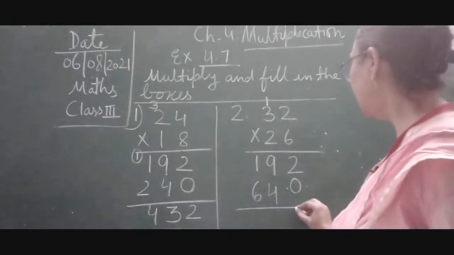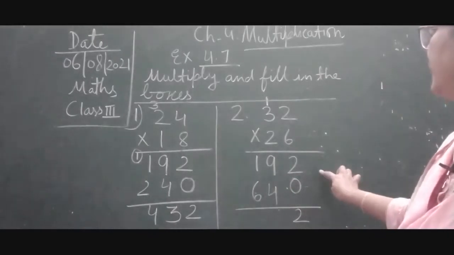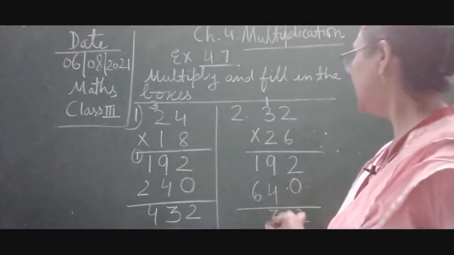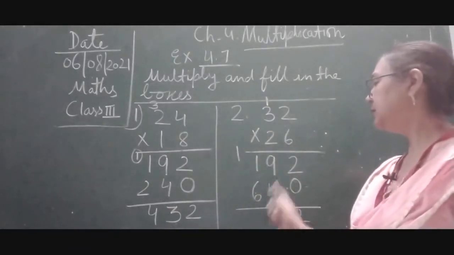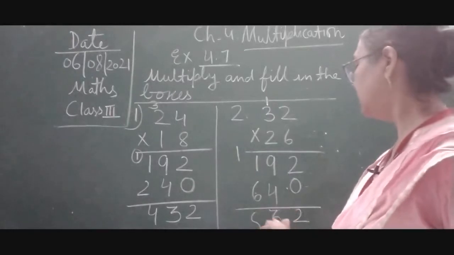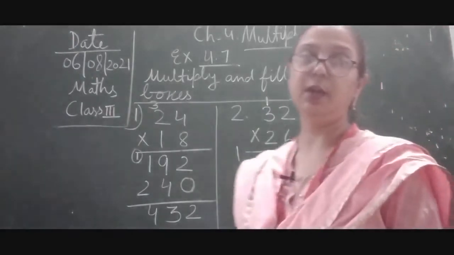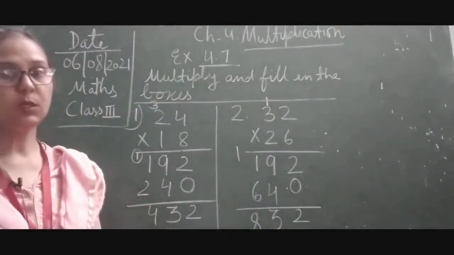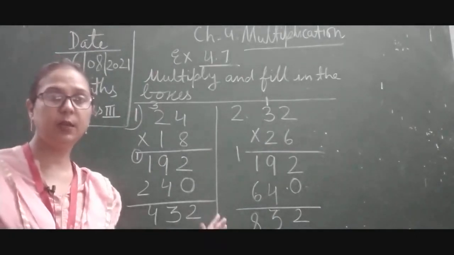Now we will add 9, 9 and 4, 10, 11, 12, 13. 13 is the answer. 1 will be carry over. 6 and 1 is 7 plus 1 is 8. So children, here the answer is 832. 832 is the answer. So all of you write it down in your copy, 832.